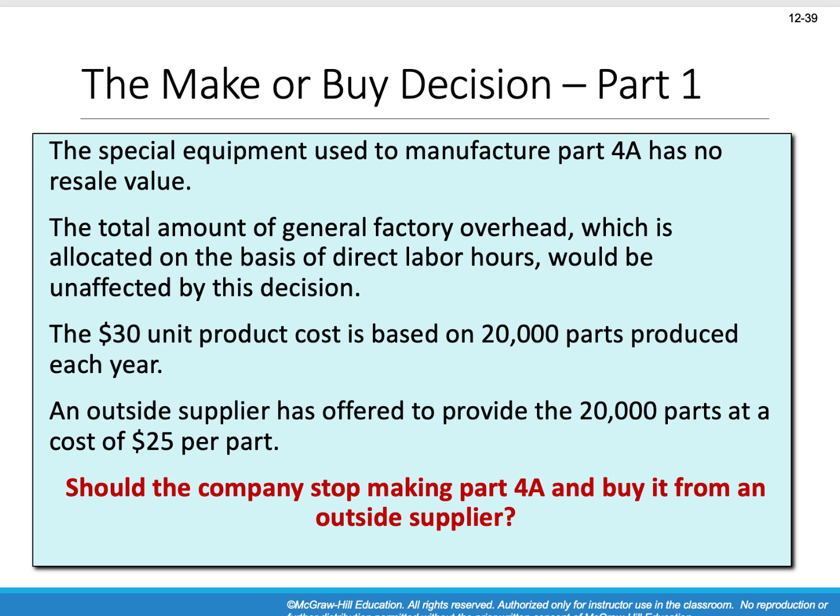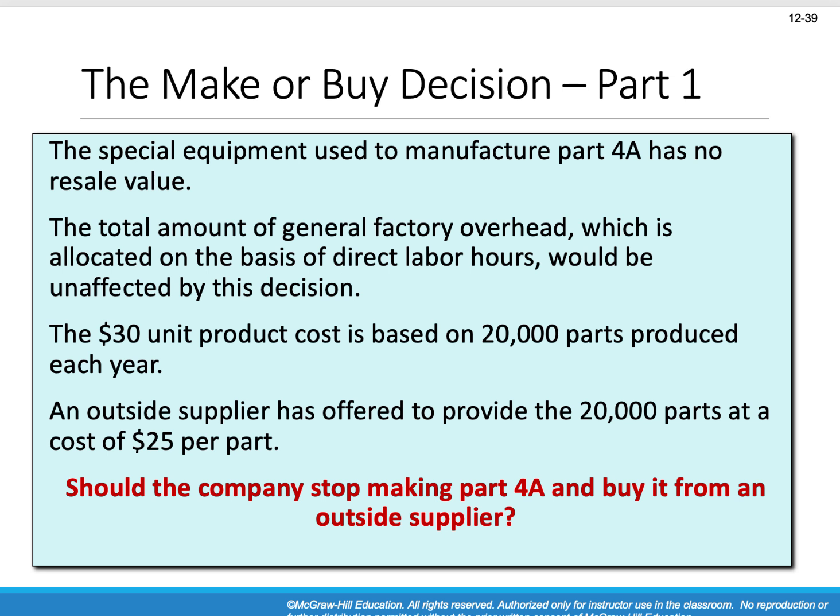So we get some more information. The special equipment that we use to make this 4A product has no resale value. The reason why that's important to us is because if it had resale value, that would be a benefit we would have to consider. Since it has no resale value, we have no benefit to consider regarding that special equipment.